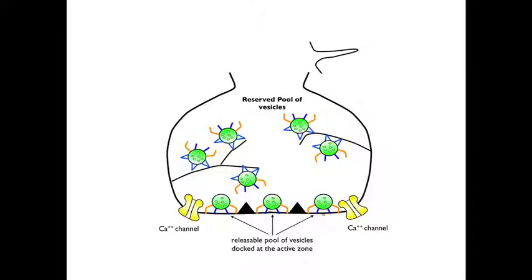But the vesicles in the reserve pool are not just floating freely in the cytoplasm. Rather, they are tethered to actin filaments, which form part of the cell's cytoskeleton. Vesicles cannot normally bind to the actin cytoskeleton, but they can if they first bind synapsin, the final protein that we consider. Synapsin bound to the vesicle connects the vesicle to the actin cytoskeleton.